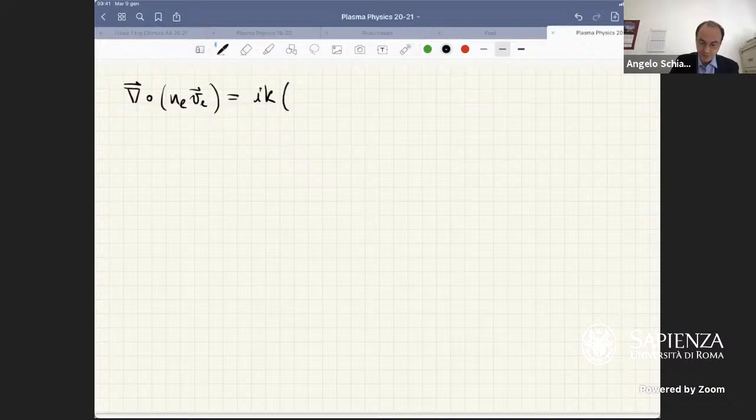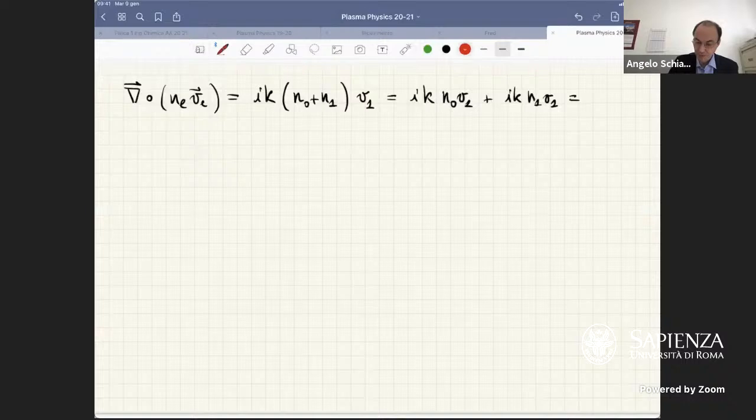So we have that the density is N0 plus N1, the equilibrium state plus the perturbation in density, times V1, because the velocity is only the perturbation term, there's no V naught. And this then becomes ik N0 V1 plus ik N1 V1. And as before, we drop the second order term.